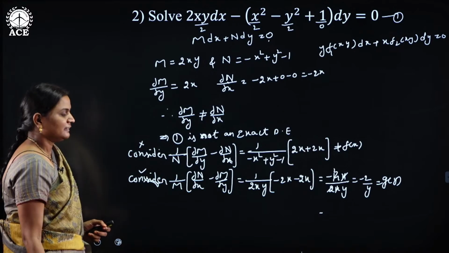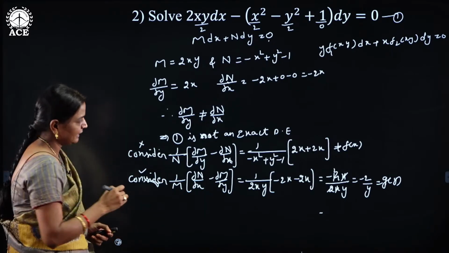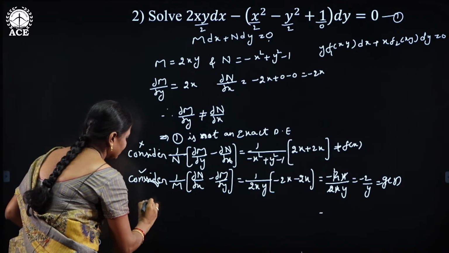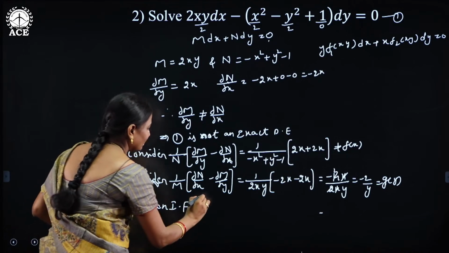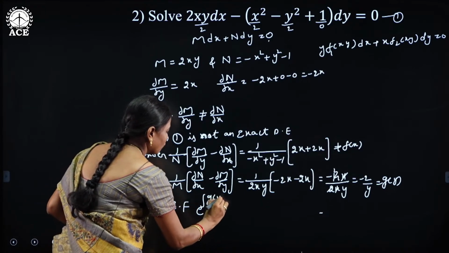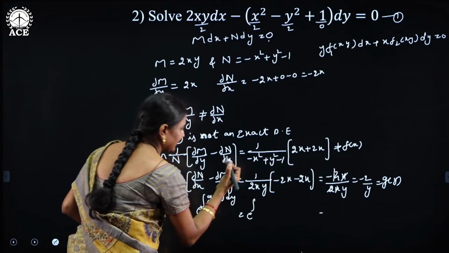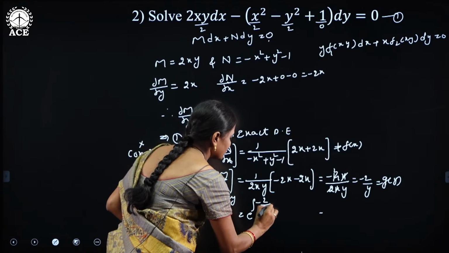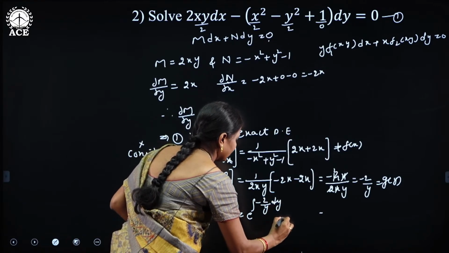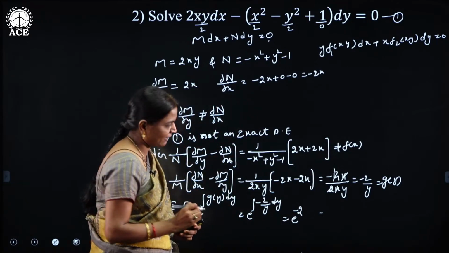If there exists a single variable function g of y, then what is the integrating factor? The integrating factor is e to the power integral g of y into dy, which is equal to e power integral of minus 2 by y into dy, which is e power minus 2 into, what is the integration of 1 by y?